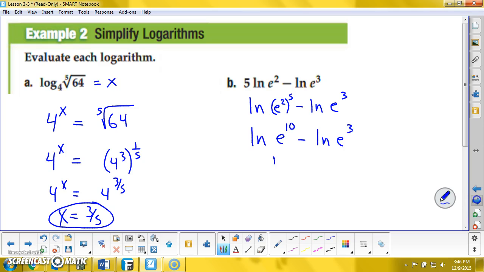Then I can rewrite that as the natural log of e to the 10th divided by e to the 3rd. And now I can subtract those exponents and get the natural log of e to the 7th. And now my last step, what base is on this logarithm even though you don't see it? An e. So anytime this base and this base are the same, the whole thing just cancels out and we just get 7 for our answer.